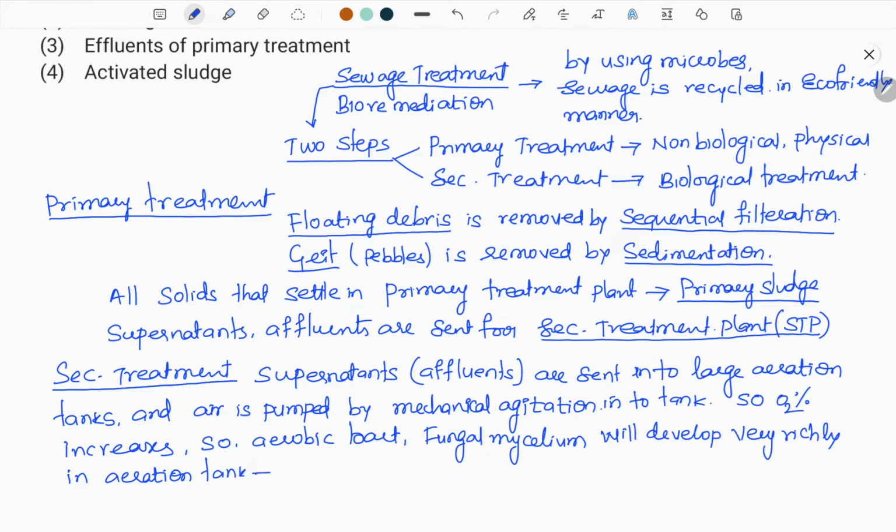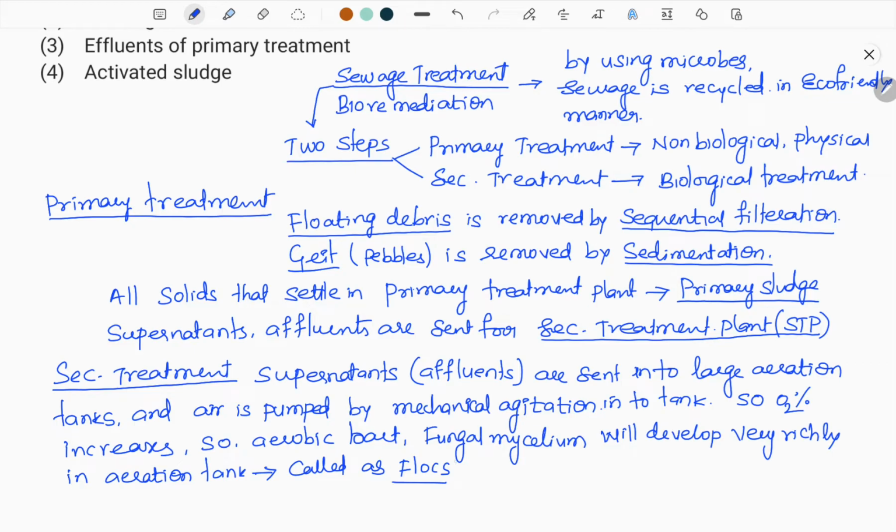This developed fungal mycelium along with aerobic bacteria is called flocs. Say the spelling: F-L-O-C-S. It's not flocks.